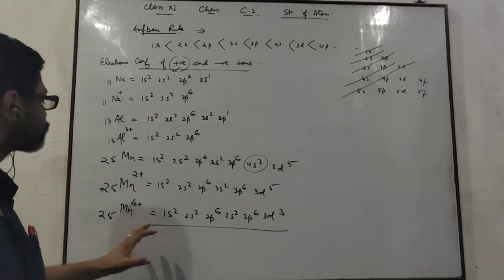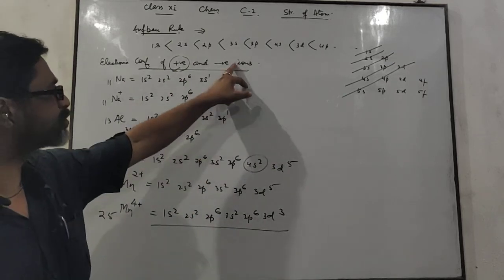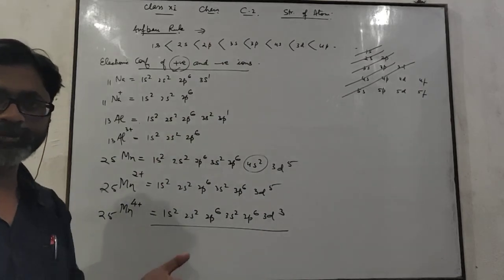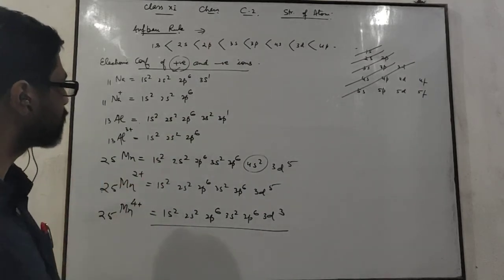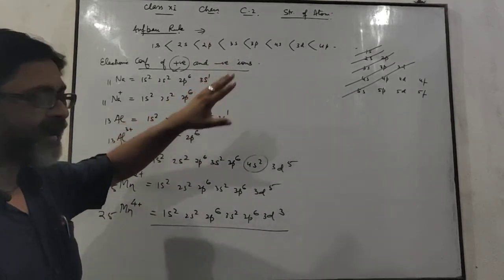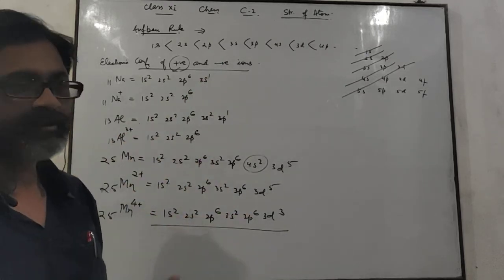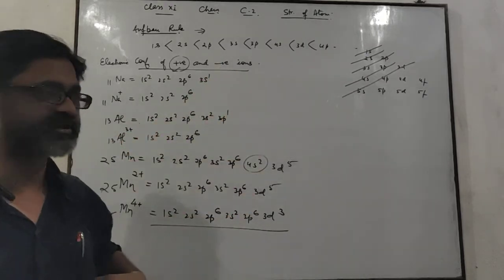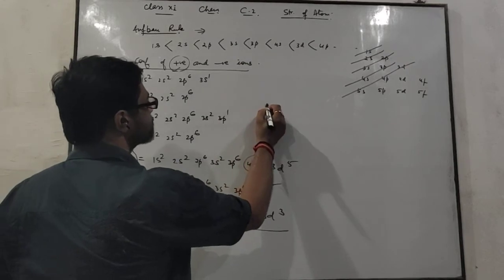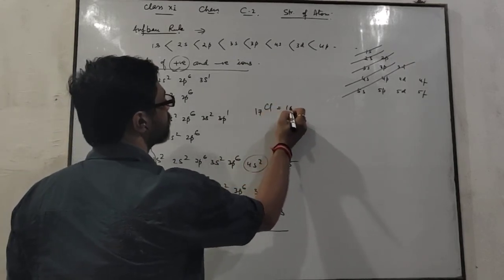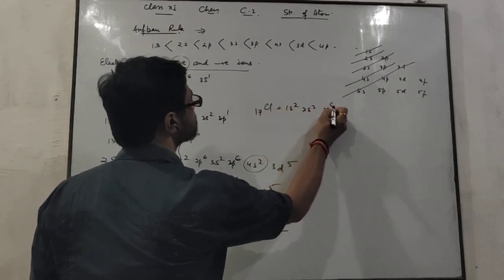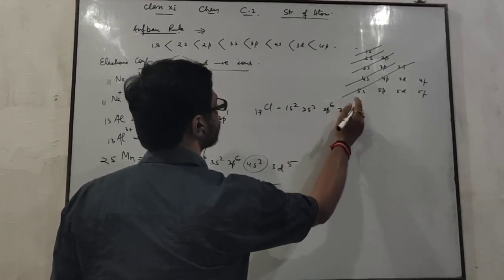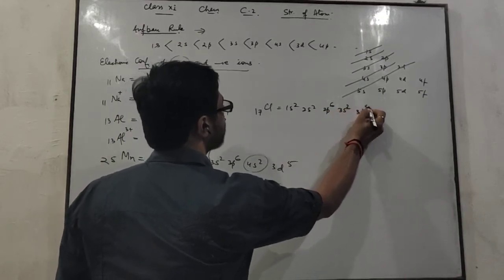To write the electronic configuration of negative ions, what will we do? We add electrons equal to the negative charge. See here, for example, 17Cl: 1s2, 2s2, 2p6, 3s2, 3p5.